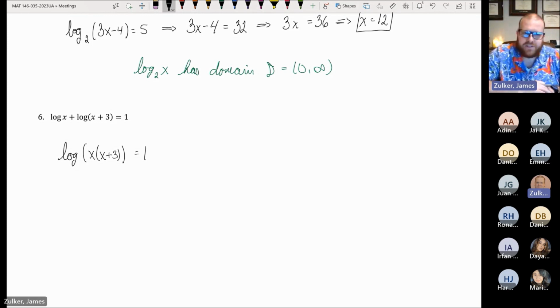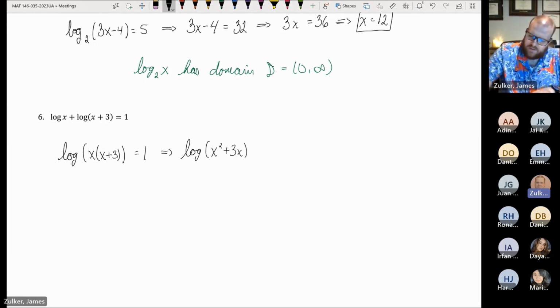Right, which is log of a product. We now have an equation in logarithmic form.